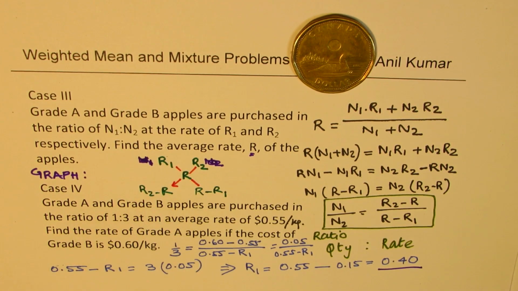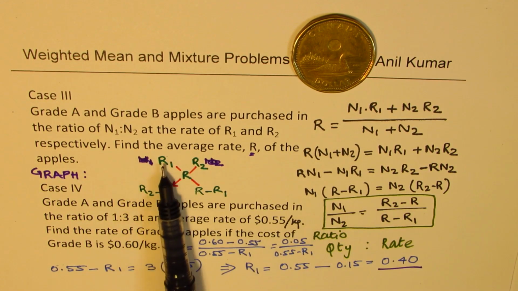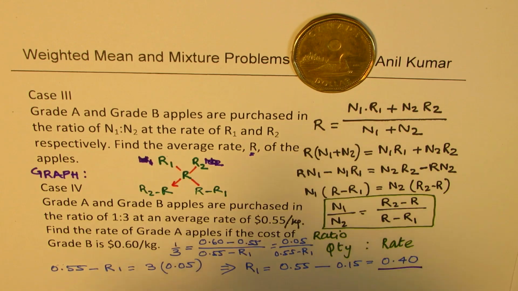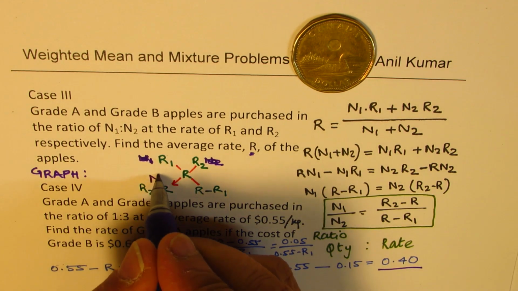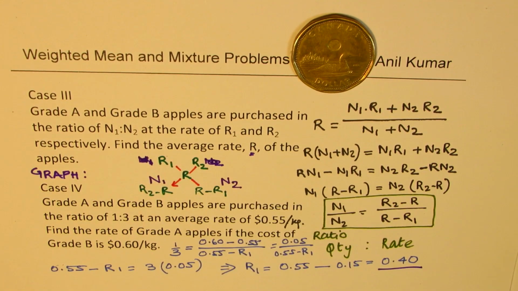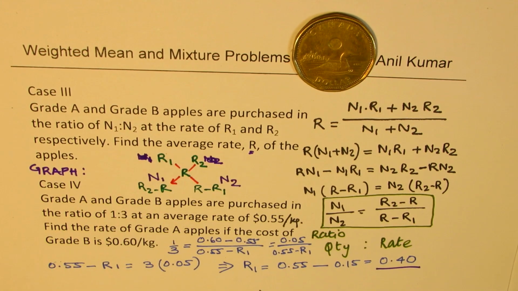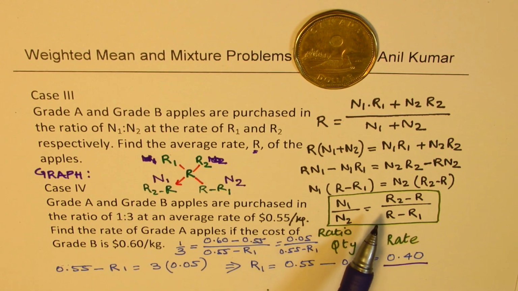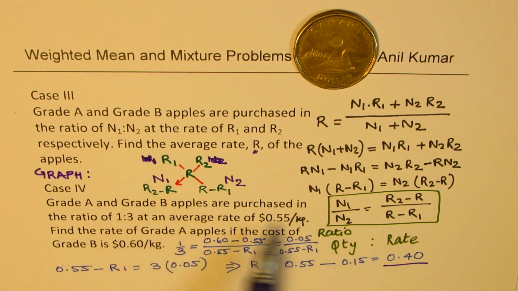So we get these two numbers. Now, if you want to correlate, then R1 has N1, so this becomes your quantity in ratios, N1, and that becomes your quantity in ratio, N2. So basically, this kind of graph will replace this formula, right?